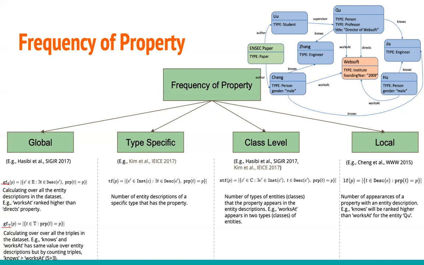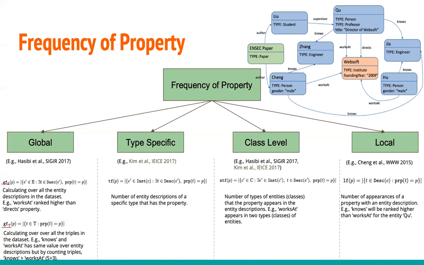For the entity Q, the person named Q, if you look at the graph, Q knows Jia, and then Q knows Sang, and then Q works at Websoft.